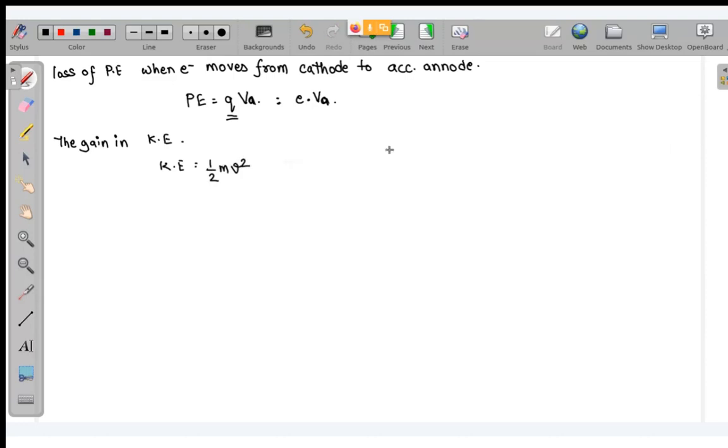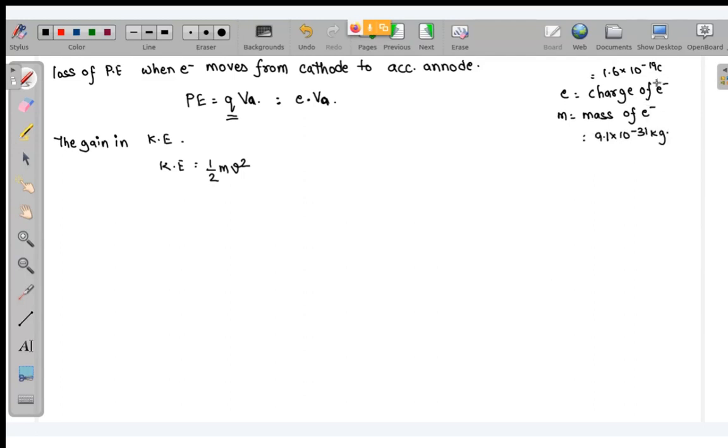Now what is this m? m is equal to the mass of the electron. What is e? e is equal to the charge of the electron. And the mass, I told you, is 9.1 into 10 to the power minus 31 kg.